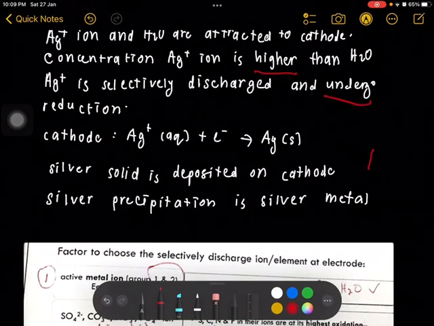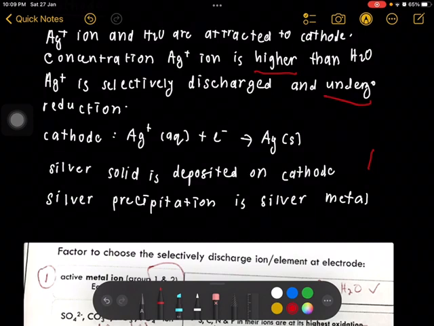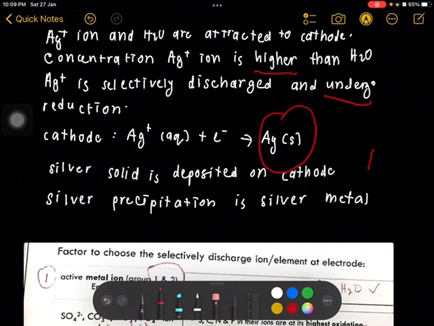And we know that there is silver precipitation at the cathode terminal from this equation. That's all. Thank you.